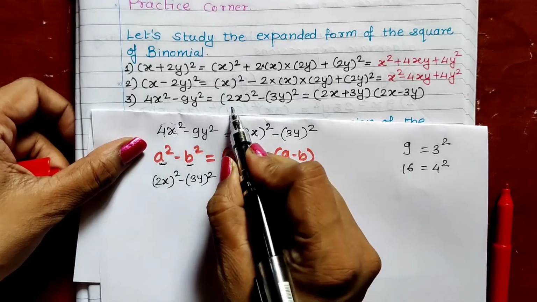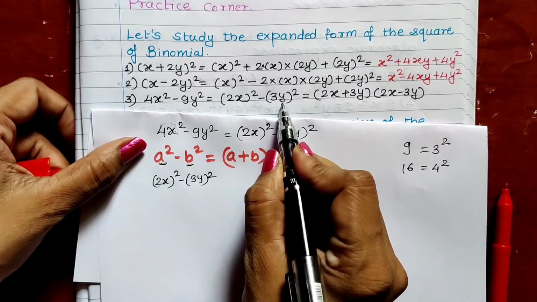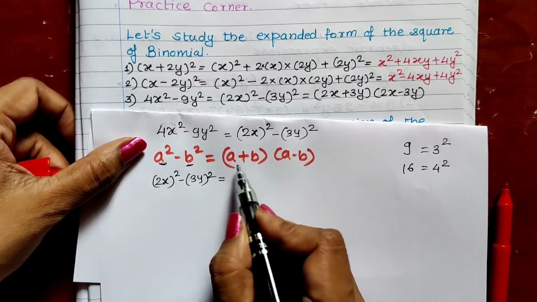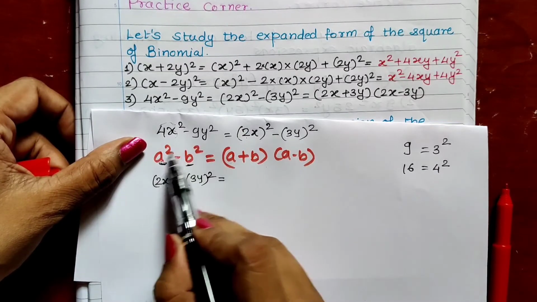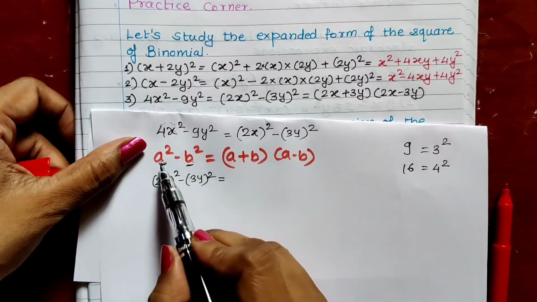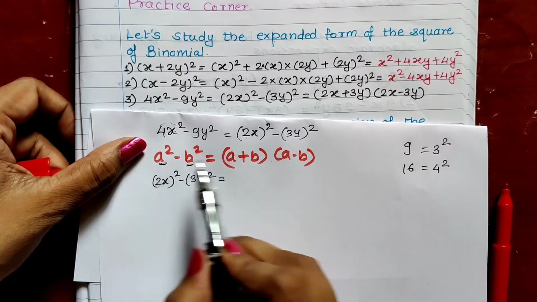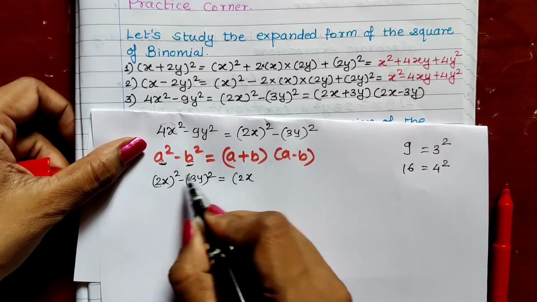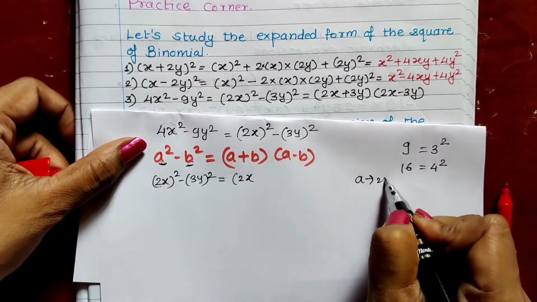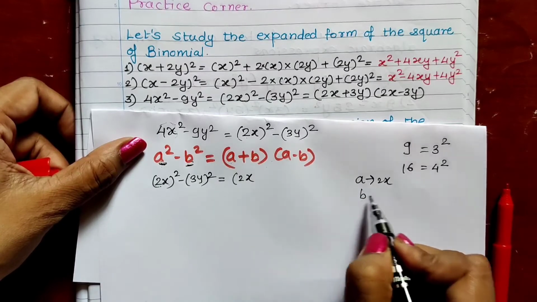So you all can see this step here, 2x square minus 3y square is equal to, now apply the formula a plus b, a minus b. First term square minus second term square, what is the expansion? First term plus second term and first term minus second term. So our a is 2x, correct, and our b is 3y.